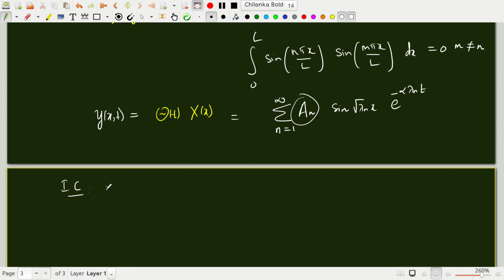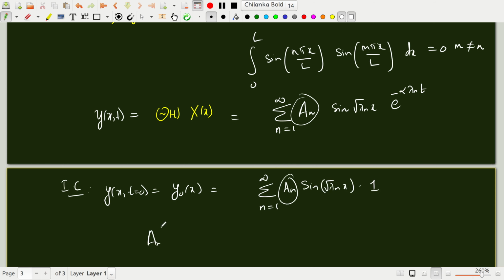The initial condition is y of x at t equal to 0 is y naught of x, which is equal to the summation n equal to 1 to infinity a n sine root lambda n x times 1, because this is evaluated at t equal to 0. Now how do you find the a n's? This is like a Fourier expansion of y naught of x in terms of the eigenfunctions sine root lambda n x.